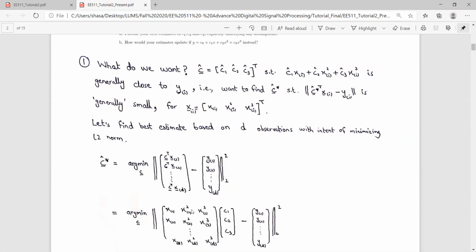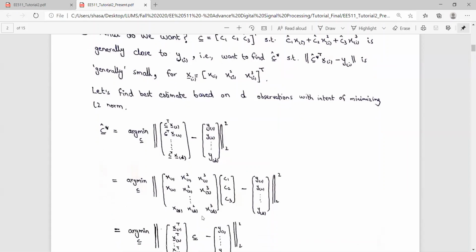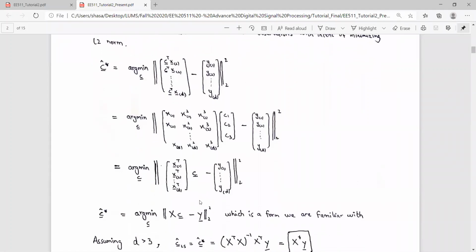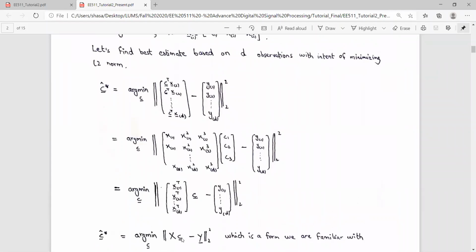And now what we see is that we can write this as a matrix. I have further reduced it, because this is also the notation that is commonly used in the notes and otherwise. So for cleanliness, we can translate this expression into this expression, where x1 transpose really just means this row, and then we can make it into this matrix Xc minus y, and this is the standard form which we are familiar with.